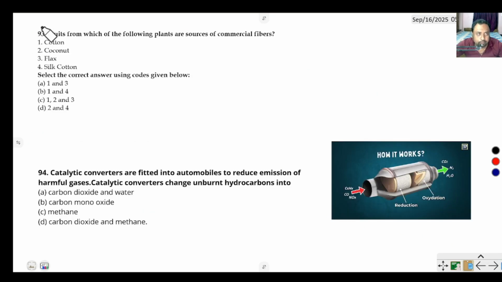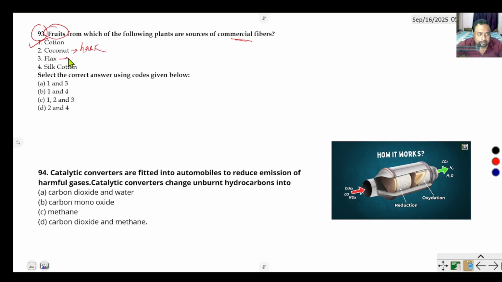Next question: fruit from which of the following plants are sources of commercial fiber? The correct option of this question is 1. Cotton, because the commercial fiber from coconut is produced from the husk of the fruit, not from the fruit itself.